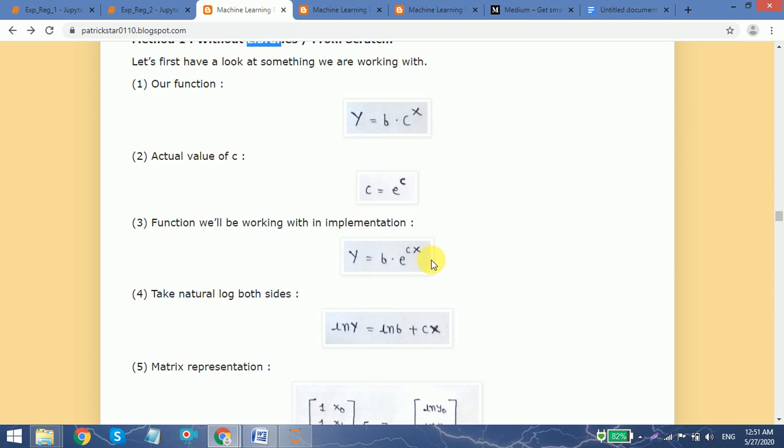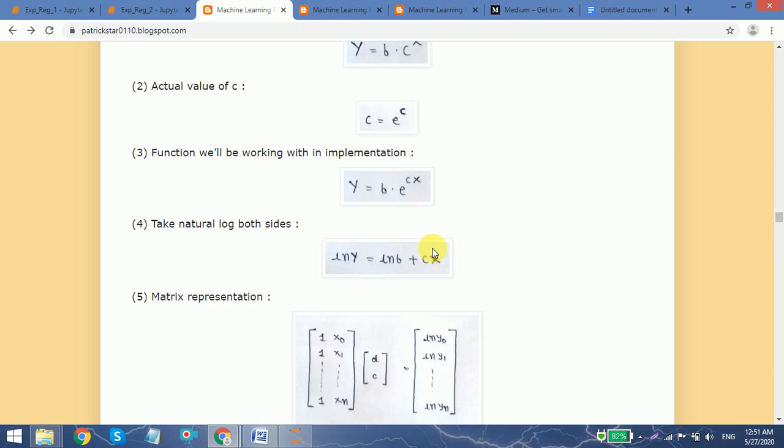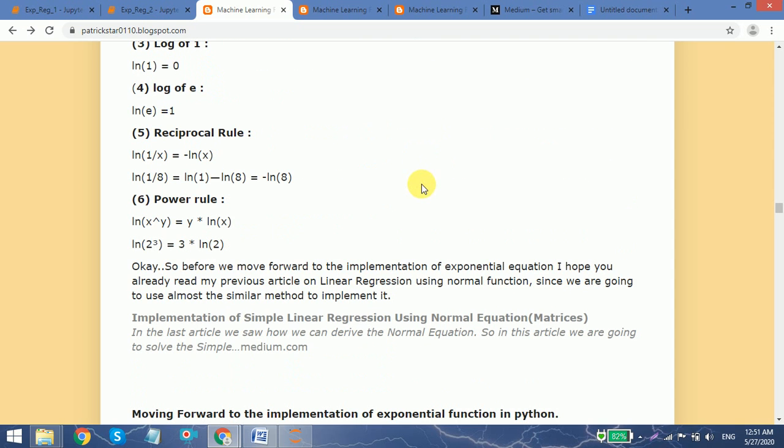I think that is easy to understand. Now we are taking the natural log on both sides, which gives ln y equals ln b plus c times x. Now, why is it c times x? Because we know the power rule, that is ln of x raised to y equals y times ln x, where the first here is the value of y.